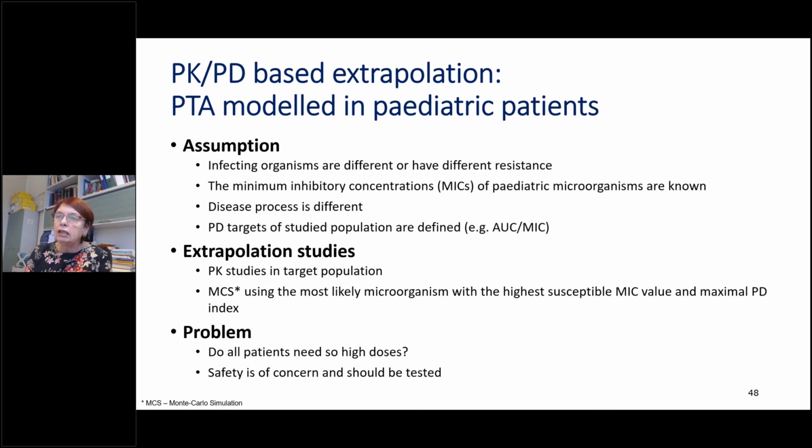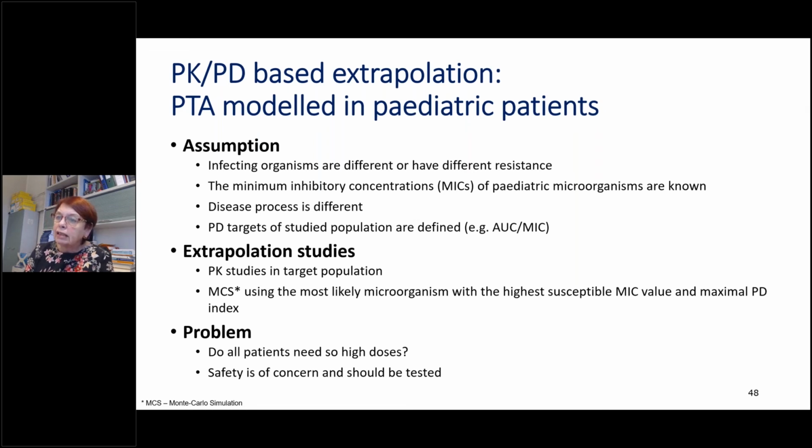The other way is PK/PD-based extrapolation, where you are targeting the PTA in pediatric patients. Here you assume that infecting organisms in children are different or have different resistance, so you can't directly extrapolate from adult efficacy trials. You also assume that the minimum inhibitory concentration of pediatric microorganisms is known, and this is not very often the case, as most MIC studies are done with organisms isolated from the adult population.